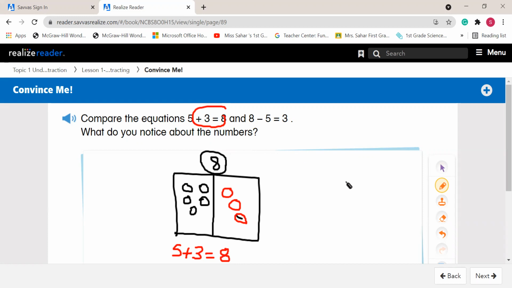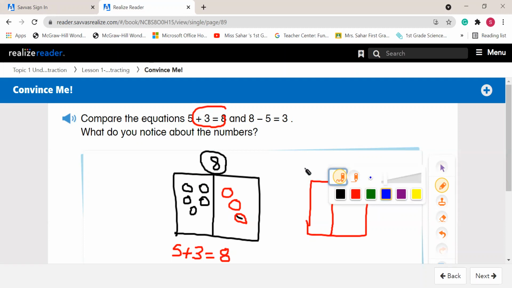So for example, I know now I have 8, and I know one of the parts, which is 5.